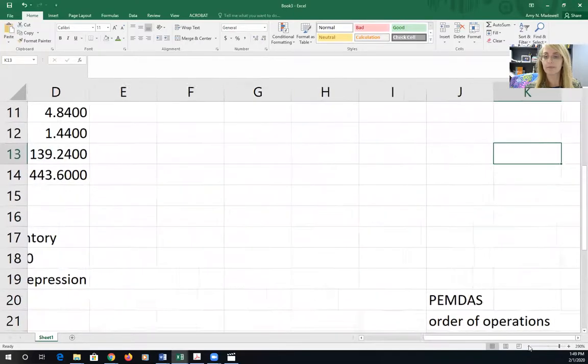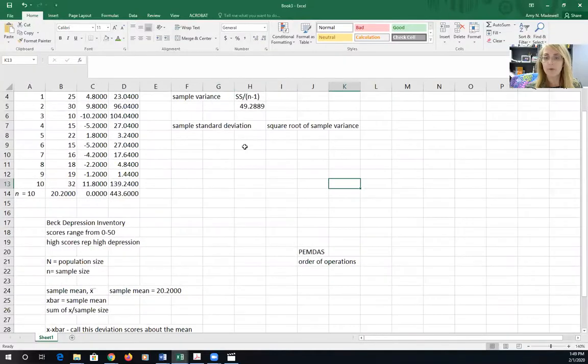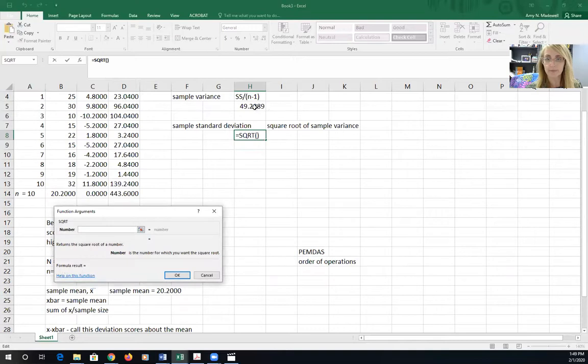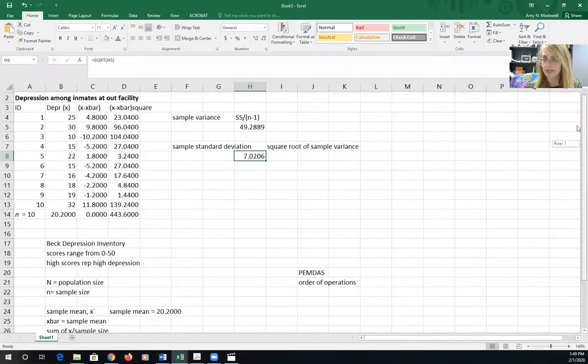All right, so we go to equal, go to our function line, find square root, which is SQRT, and select our sample variance, and now we have our standard deviation.